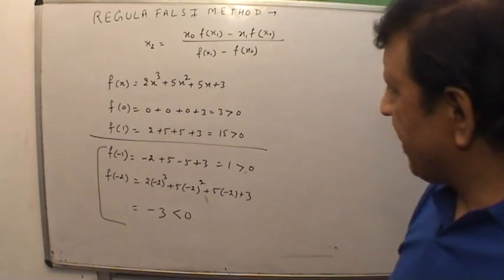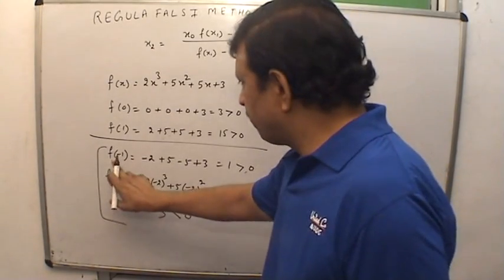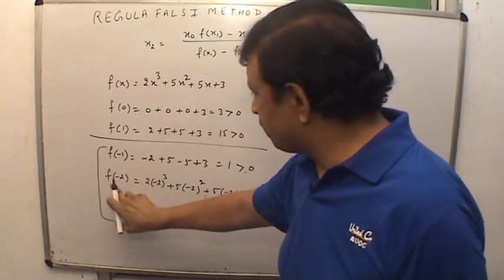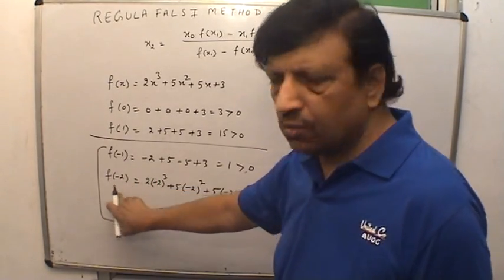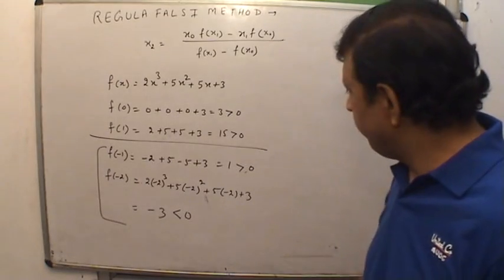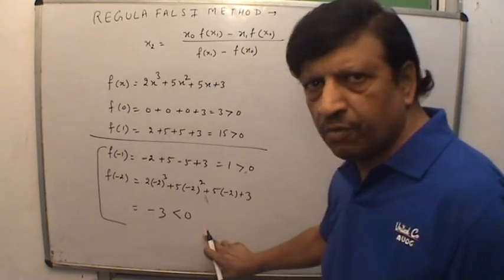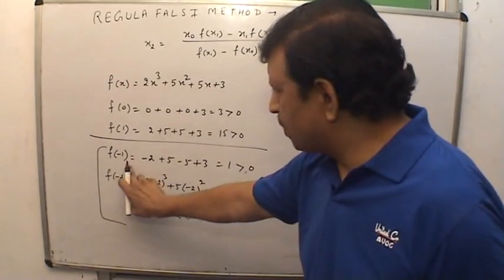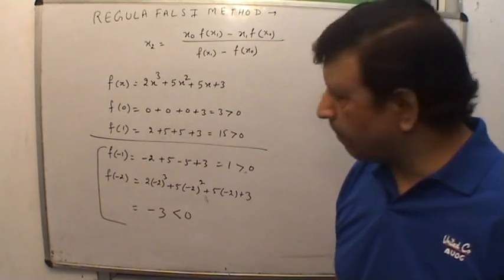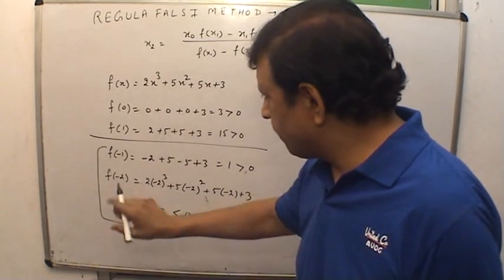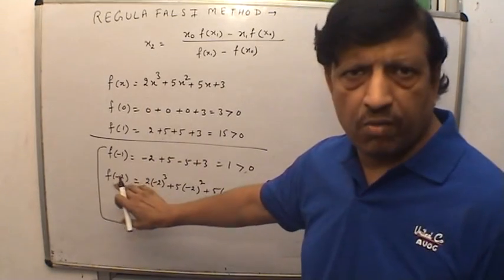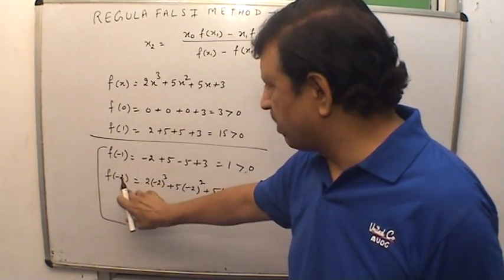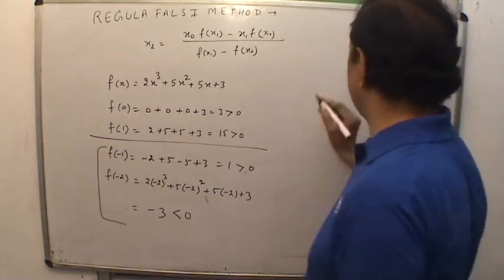How? As we change the value of the variable from minus 1 to minus 2, the value of the function changes from positive to negative. That's the initial point where we stop. We consider that the required root lies somewhere between minus 1 and minus 2.